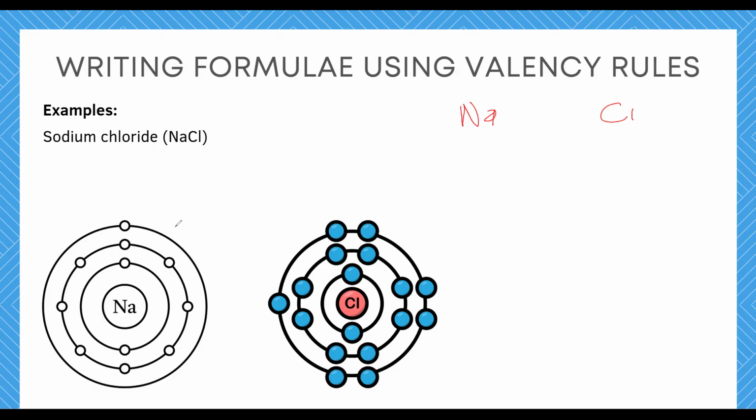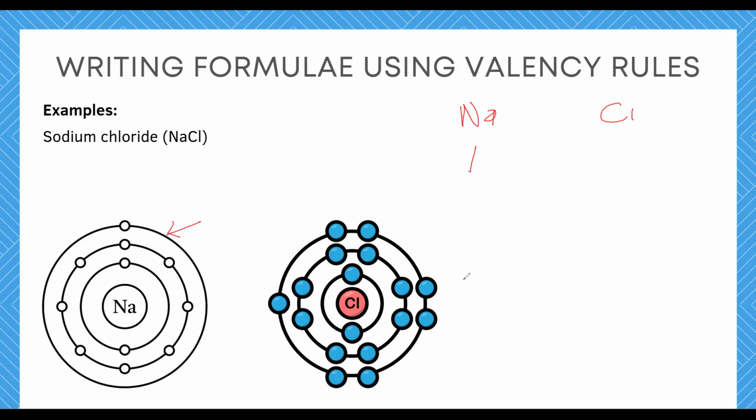The outermost shell, this one. How many electrons are there? One. Good. How many electrons can it lose? One. So what is the valency? One. Very good. Any confusion as to how we got the valency of sodium? No. Okay, all good.